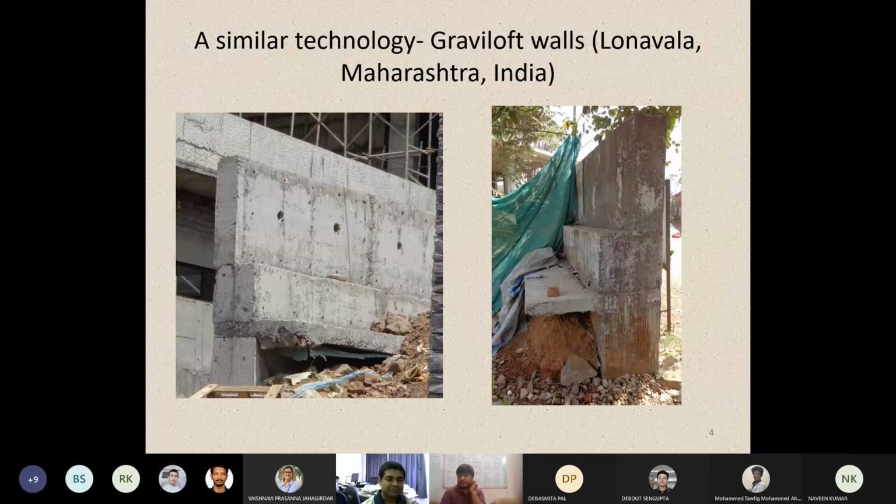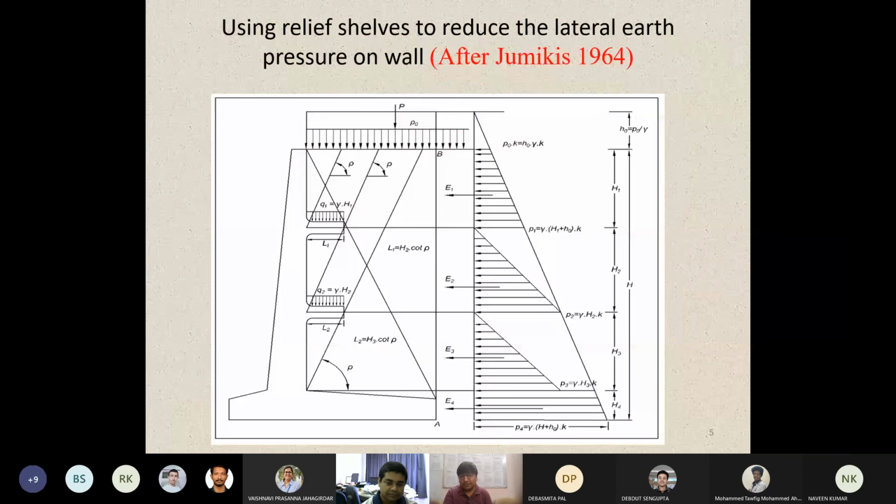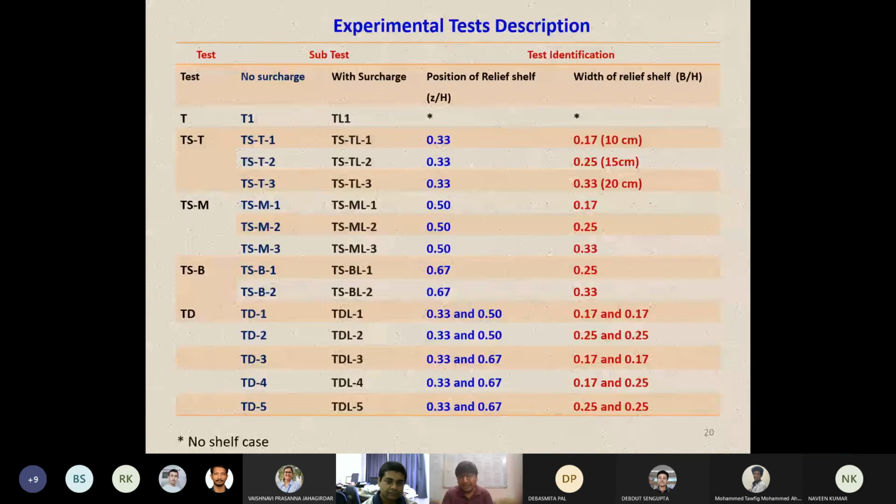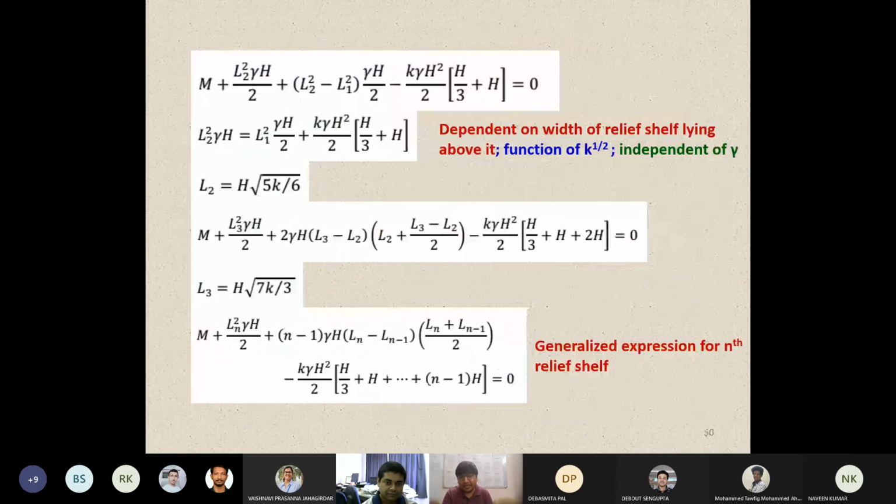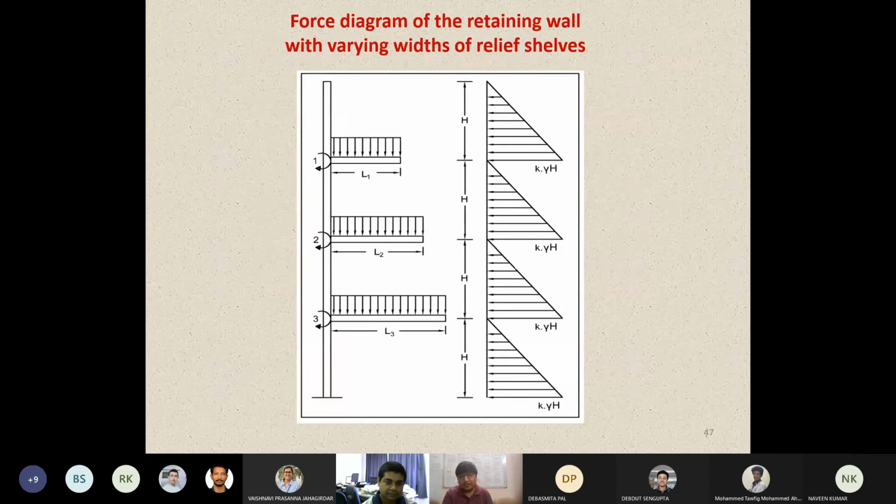But I doubt it sometimes. One additional point I just want to add, because the students are also here, I suppose: why they are increasing the width of the relief shelf is a very crucial thing. If you see, sir, in a conventional retaining wall there won't be any force working downwards into the stem.